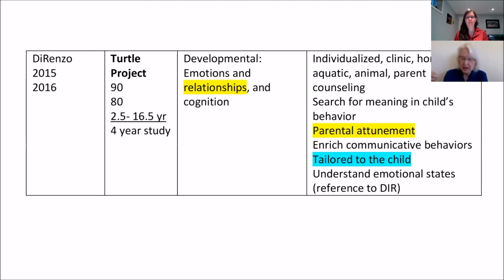And we always say that in the DIR approach: it is social and language, communication, and cognitive. And in this project, they talk about the sensory piece, the individual differences, and the cognitive piece.